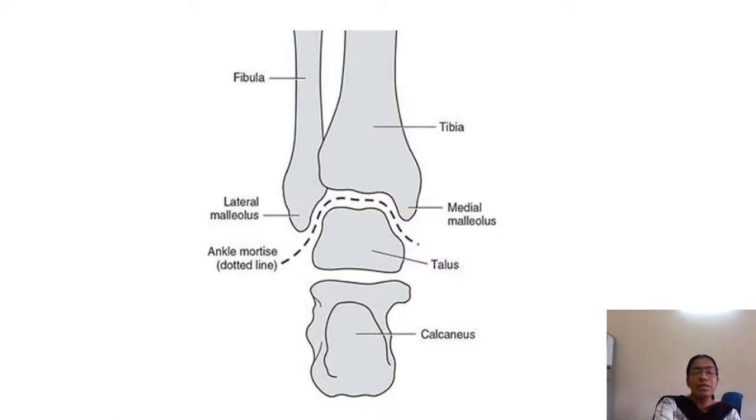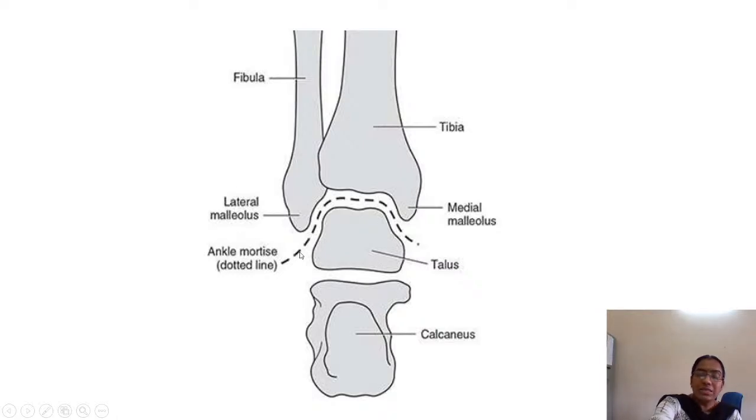They are all called the tarsal bones. Just as in the upper limb we have seen the carpal bones, scaphoid, lunate, triquetrum, pisiform, in the same way in the lower limb there are tarsal bones. So among the tarsal bones, talus is one of them.